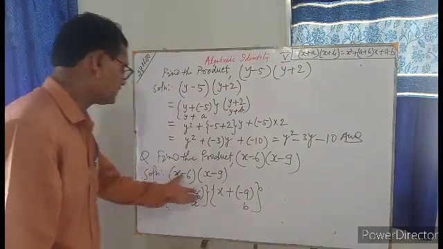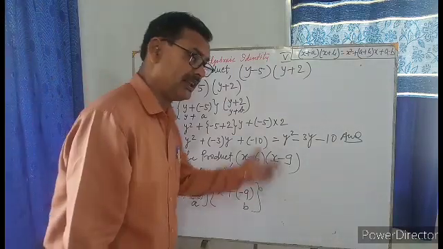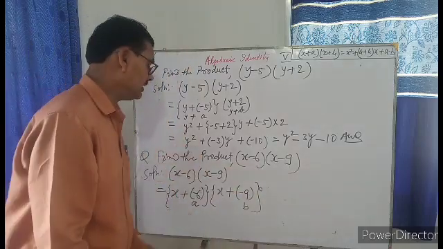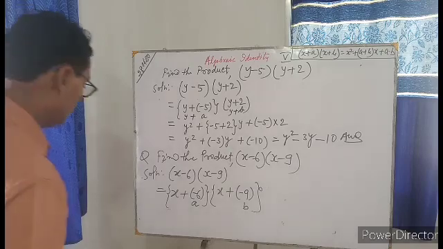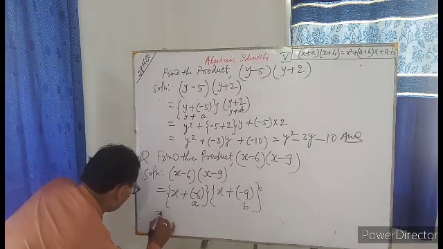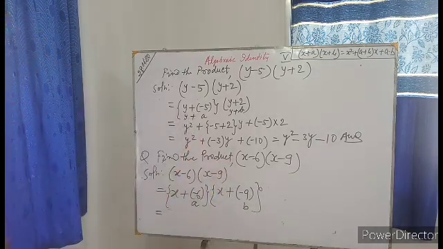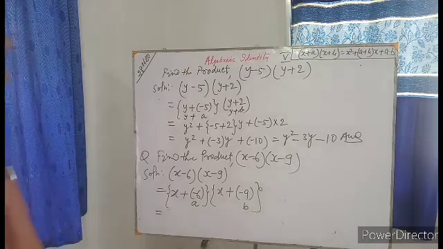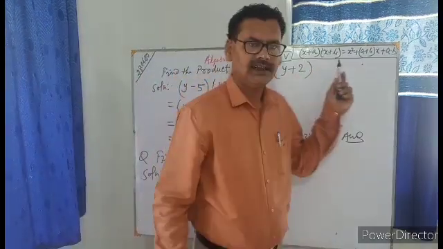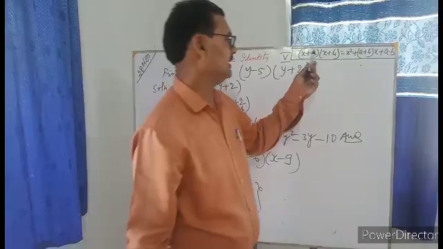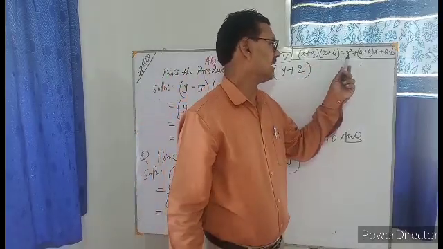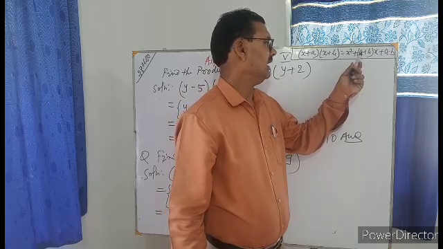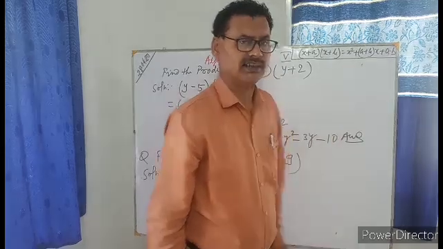You have x + a and x + b, where a = -6 and b = -9. So now it has come to the identity: (x + a)(x + b) = x² + (a + b)x + ab.